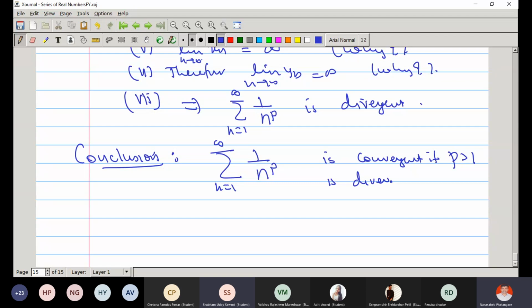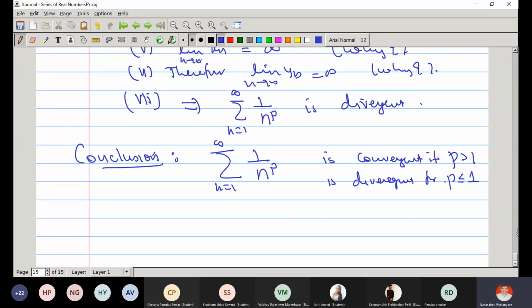It is divergent for p less than or equal to 1. And in fact, if p is negative, then certainly it is divergent, and therefore it is not necessary to say greater than 0. For all p less than or equal to 1, it is divergent. Right? So this is a general statement.